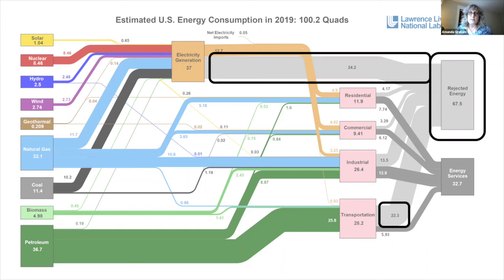One way to see that is as a tremendous waste, but another way to see it is as a tremendous opportunity for increasing energy efficiency, or figuring out ways to capture that energy so that we can make better use of it and waste much less of it.